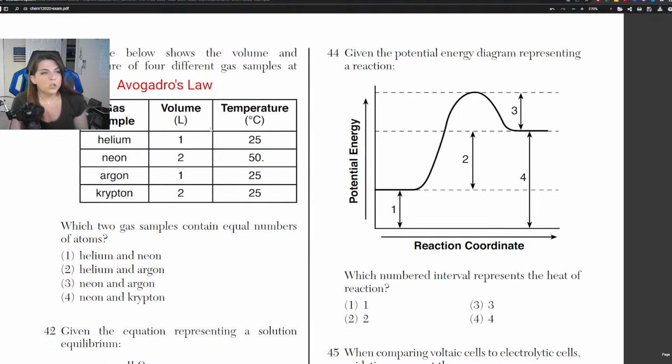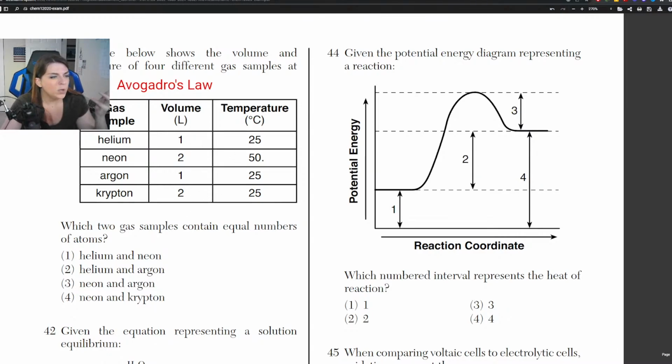So if we are looking at these 4 gases, helium, neon, argon, and krypton, we're looking for them to have the same temperature, the same volume, and obviously they have the same pressure because that's listed in the question. So it's just a matter of figuring this out.